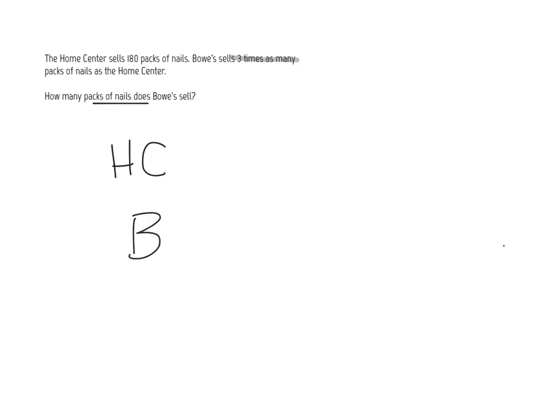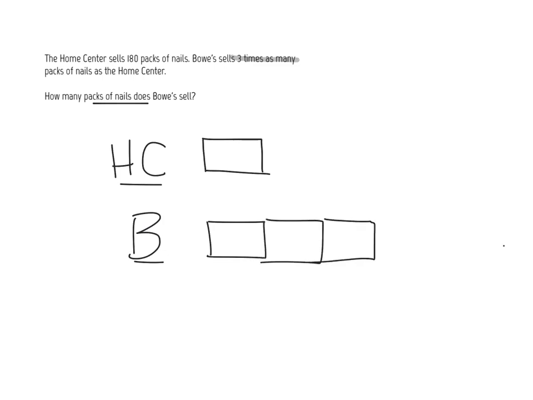So the home center sells 180 packs, and I notice that in the problem, Bose is selling 3 times as many as that. So when we go to draw our model, we have the home center and Bose, and if the home center sells 1 unit, then that would mean that Bose sells 3 units. And again, each of those units is meant to mean the same thing.